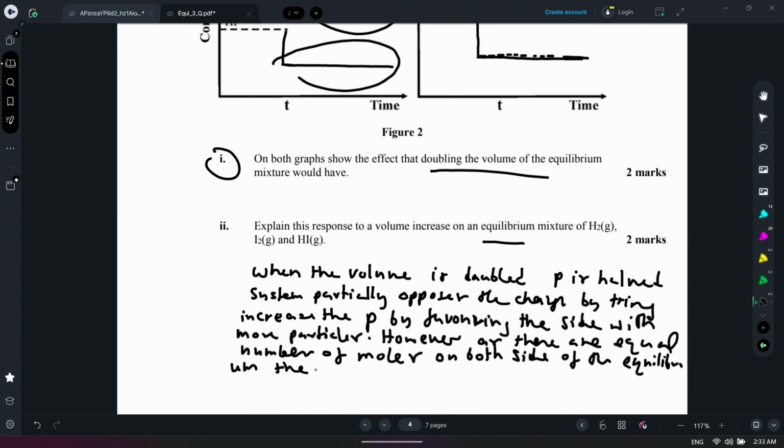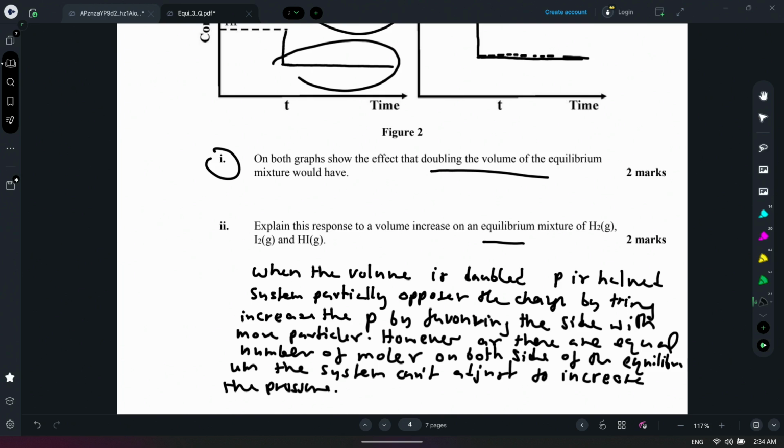The system cannot adjust to increase the pressure. Therefore, the system remains at equilibrium.